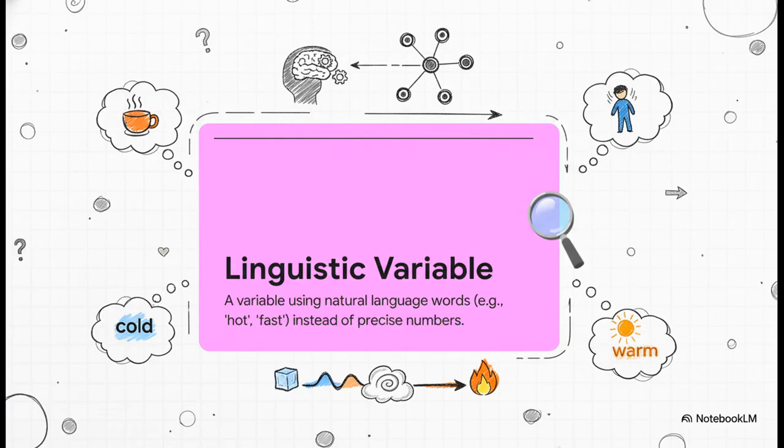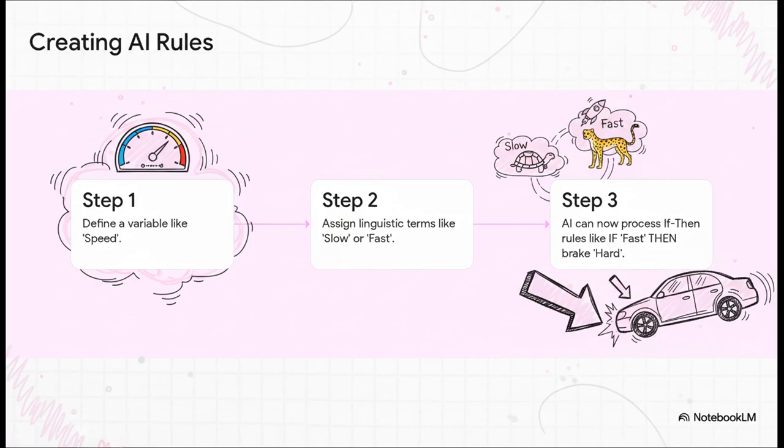And that leads us to this absolutely brilliant idea from Lotfi called the linguistic variable. So instead of a variable for temperature having to be some super precise number like 72.3 degrees, it can have values that are just words. Words like cold, warm, or hot. This lets us feed information to the AI using our own natural human terms. And here's where the magic really happens.